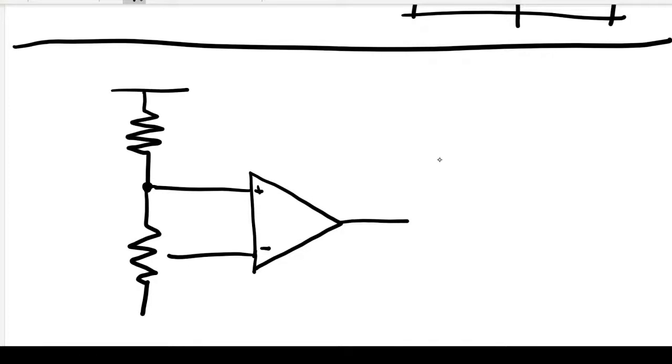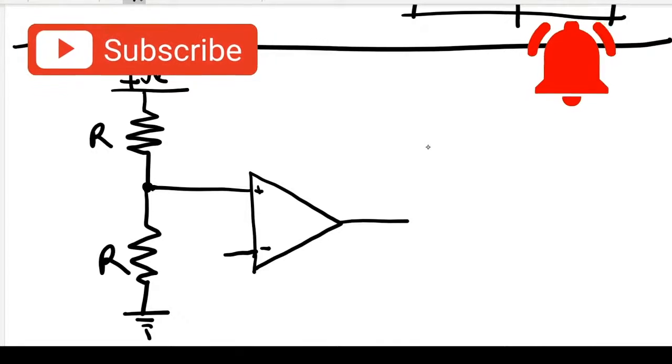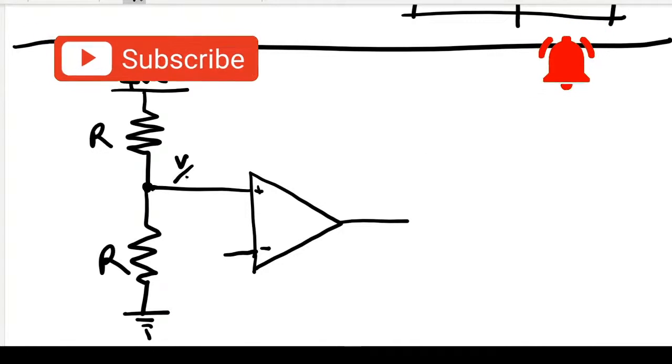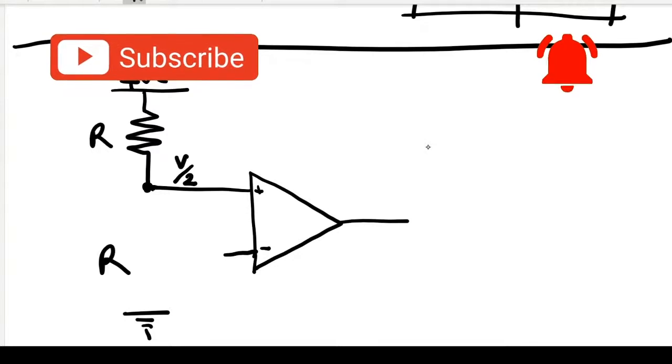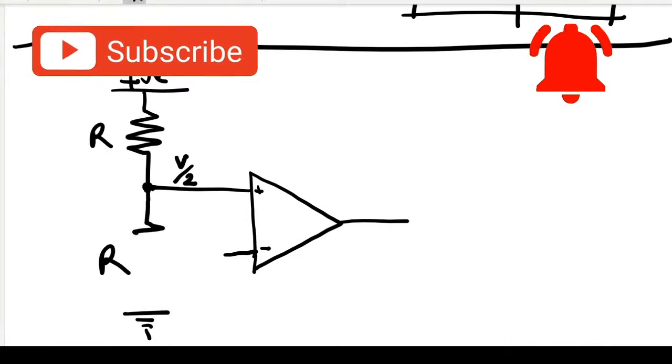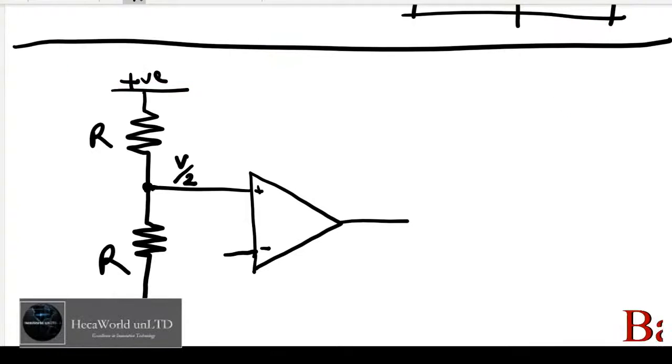If this is going to the positive and this piece is going to the ground, if this value is R and that value is R, then the value here is V over 2. So let's have the resistor. This looks a little bit better.